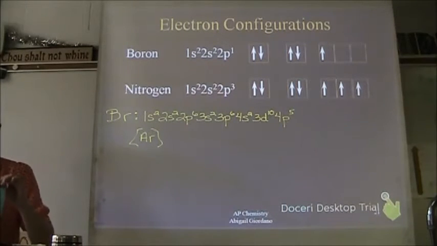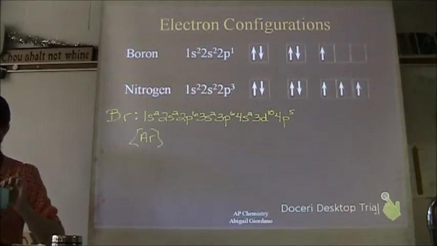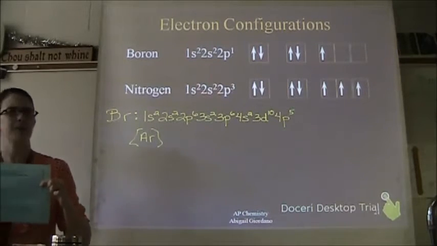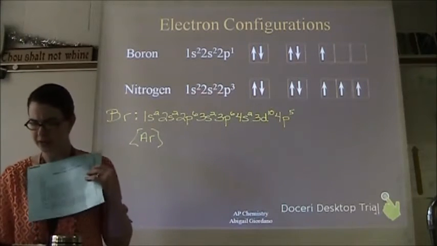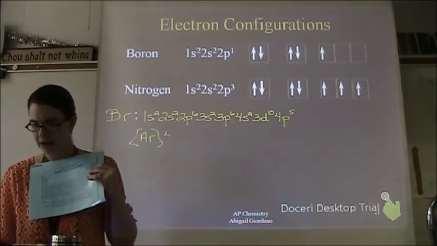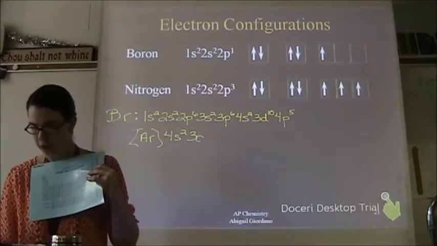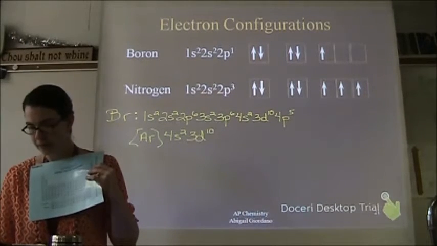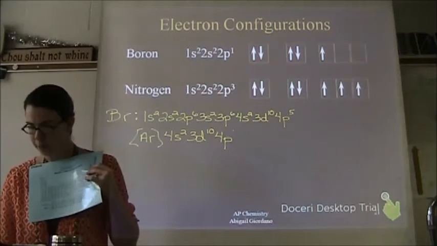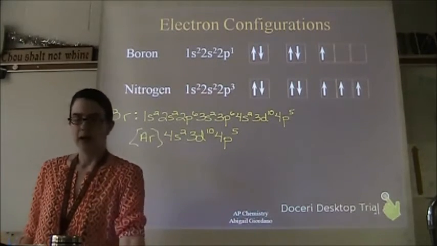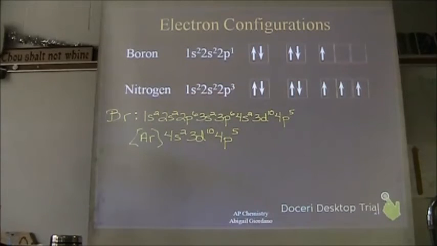And that's to represent, okay, we've written the configuration all the way through argon, and then we pick up from there. What would be next? 4s2, then what? 3d10, 4p5.